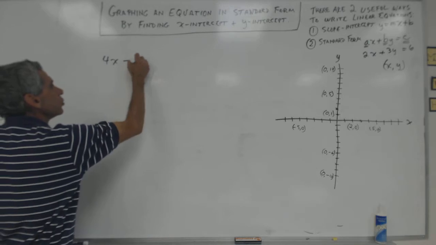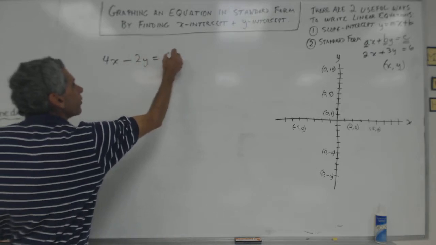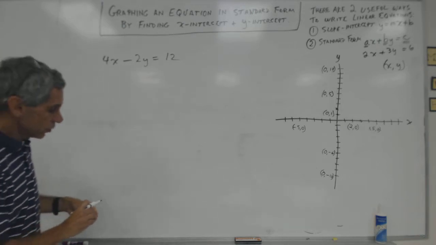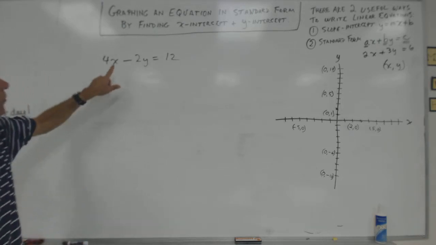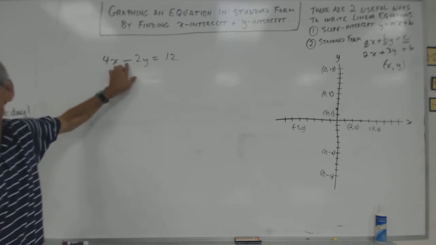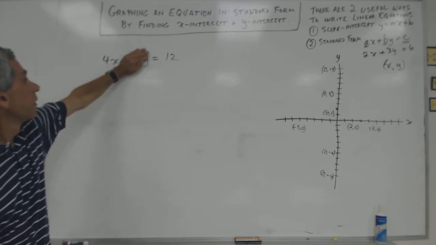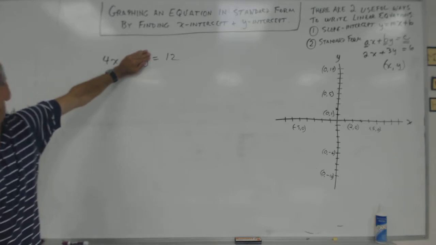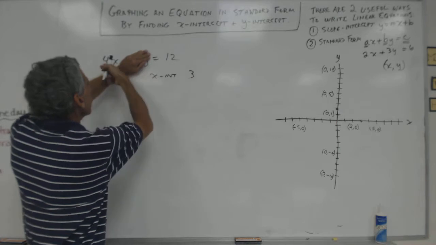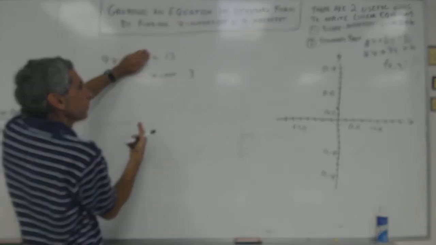Thank you for asking. All right, really quickly, let's do one more. 4x minus 2y is equal to 12. Would you guys agree with me that to find my x-intercept, I could make y 0? So I could cover up the negative 2y, right? 4x equals 12. What is my x-intercept? 3. Divide both sides by 4, 12 divided by 4 is 3.